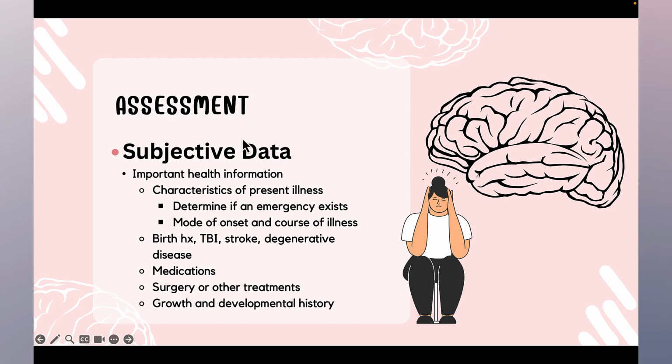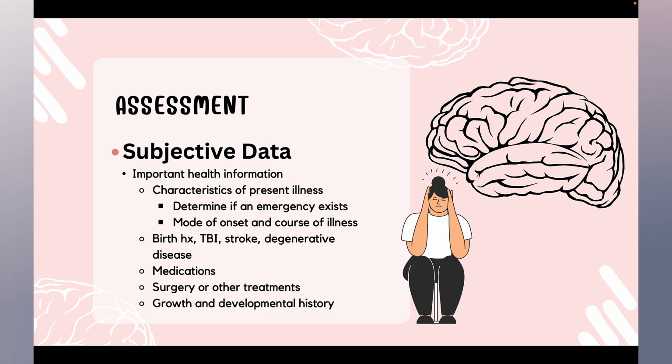Something else to be aware of is if we know somebody has something neurologically going on, or we suspect that they do, or they already have a diagnosis of it, we need to determine if they're a reliable historian or not. So are they going to be able to give us accurate information about themselves and about their health?